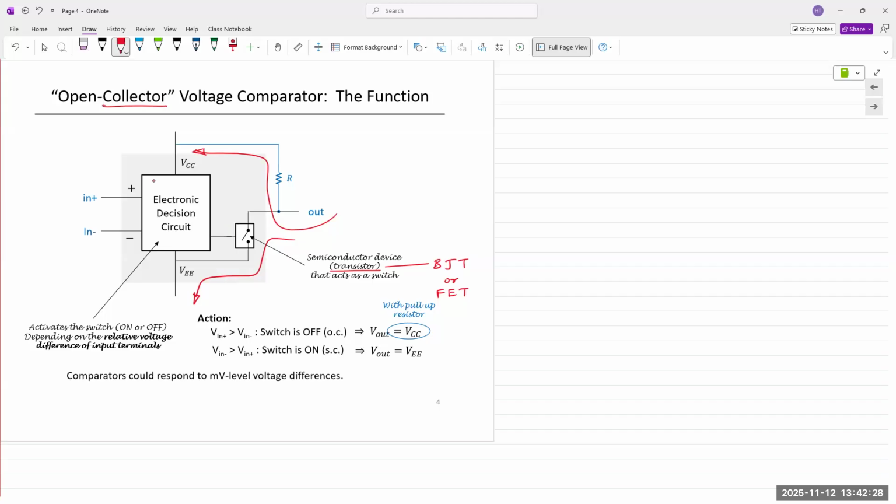So V in positive greater than V in negative: the positive terminal is higher than the negative terminal, and the output goes high. When the negative terminal is higher than the positive, the output goes low. That low could be either 0 volts or some negative value.